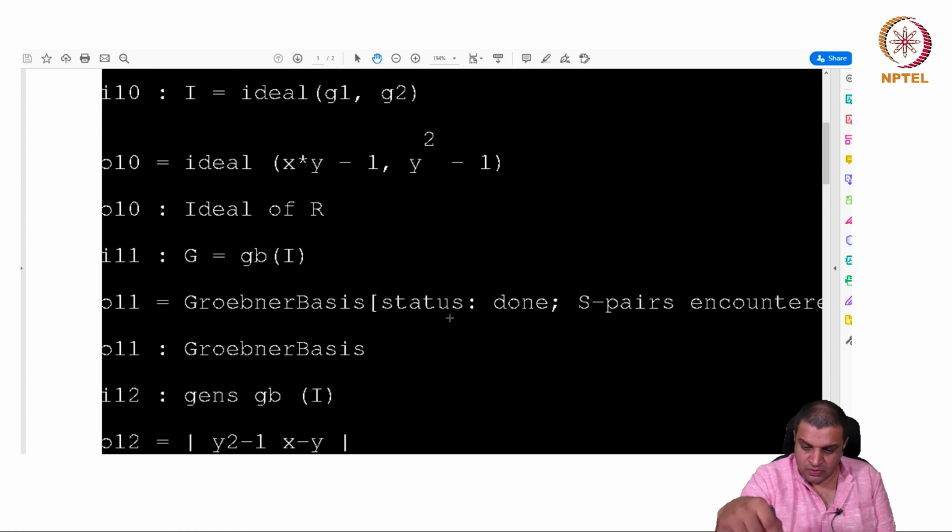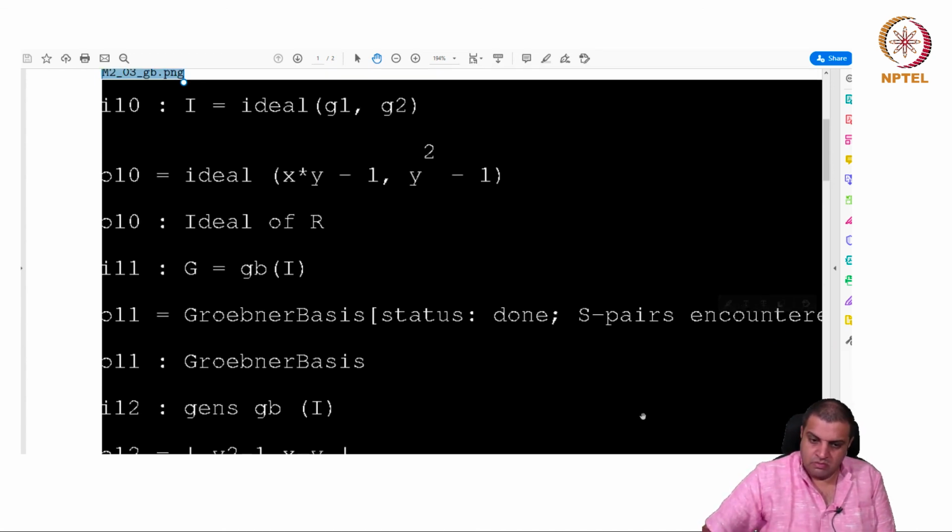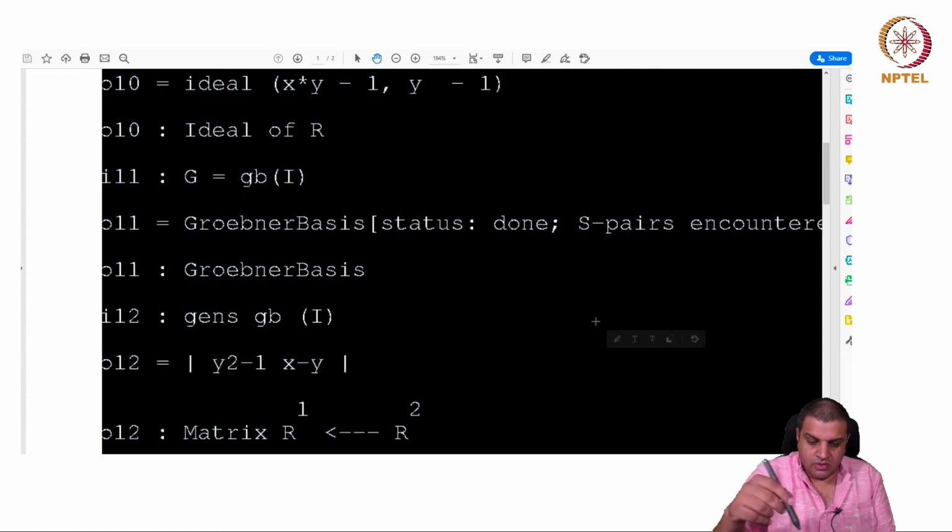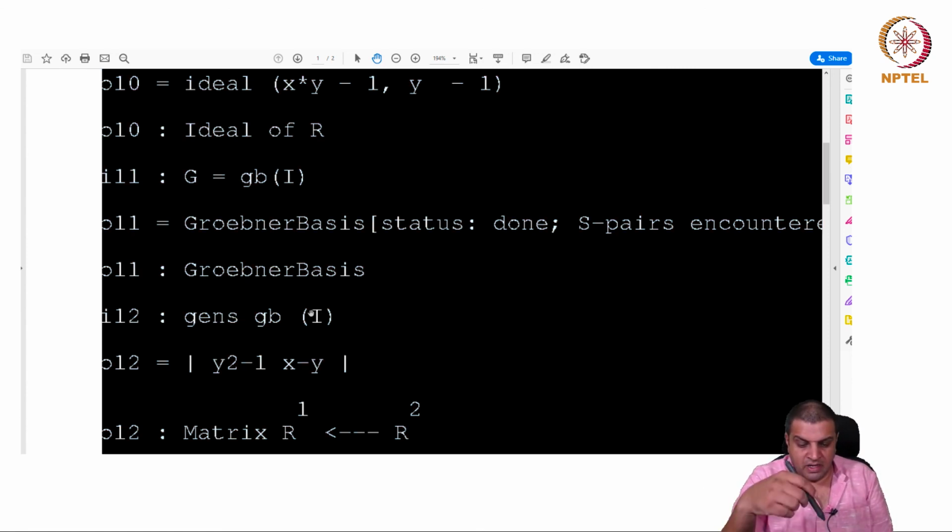It doesn't just give you the list of elements in the Gröbner basis, it keeps track of some other extra structure. So it outputs an object of the Gröbner basis class, and there's some diagnostic message. We will discuss what S-pairs are, etc., later. So there are some diagnostic messages that we can ignore for now. And if you want to actually know what the Gröbner basis is, then we can ask gens gb I. So it says y squared minus 1 and x minus y.